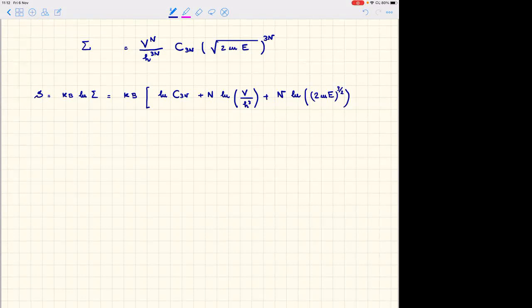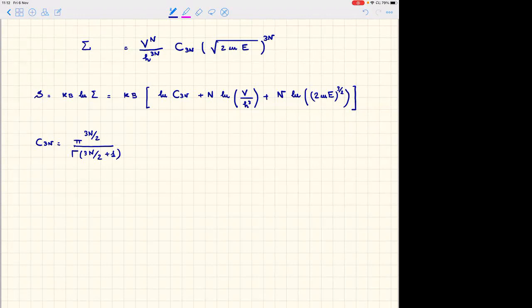All right. So now, what is C_3n? Well, C_3n was written up before, is equal to pi to the power 3n over 2, correct? Yes, divided by gamma of 3n over 2 plus 1.